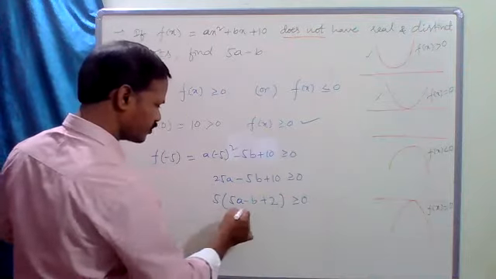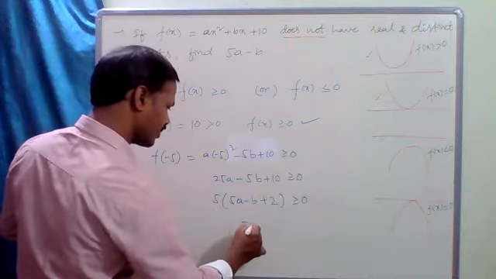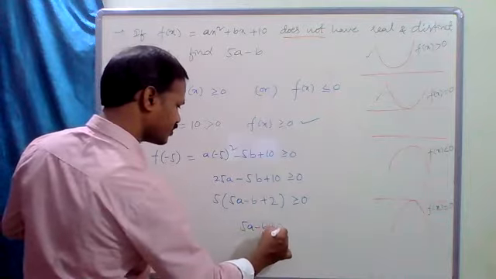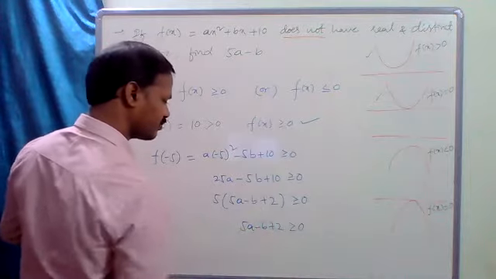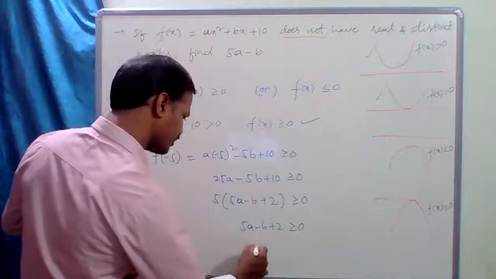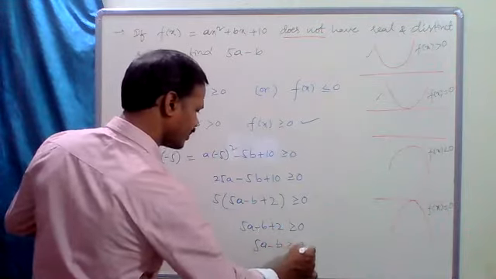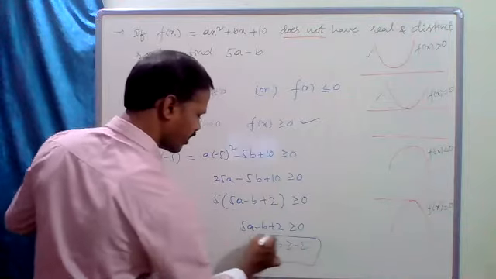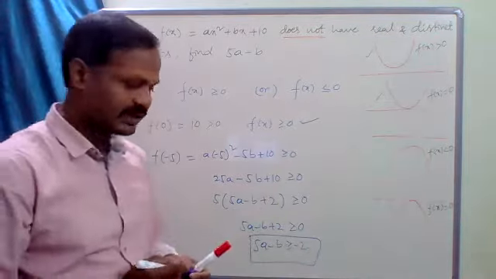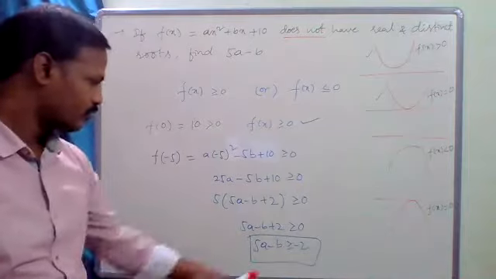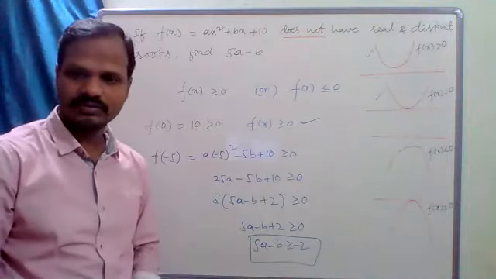Since 5 is positive, 5a minus b plus 2 must be greater than or equal to 0. So 5a minus b is greater than or equal to minus 2.